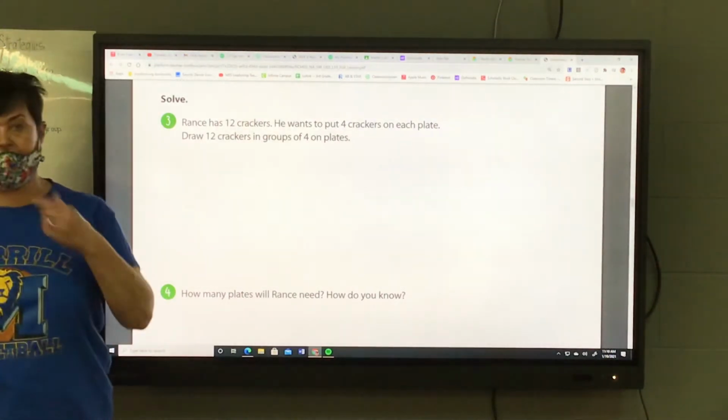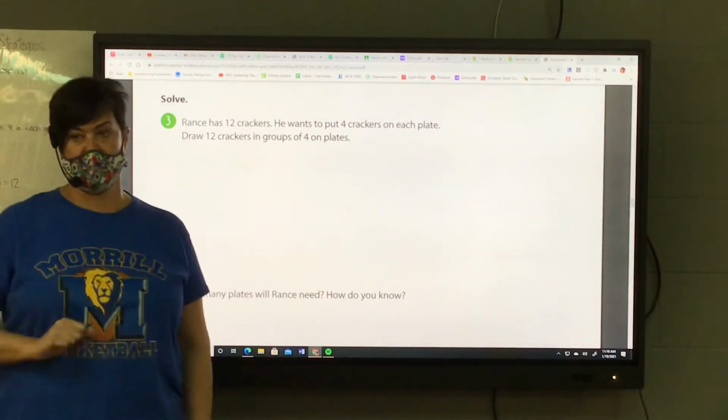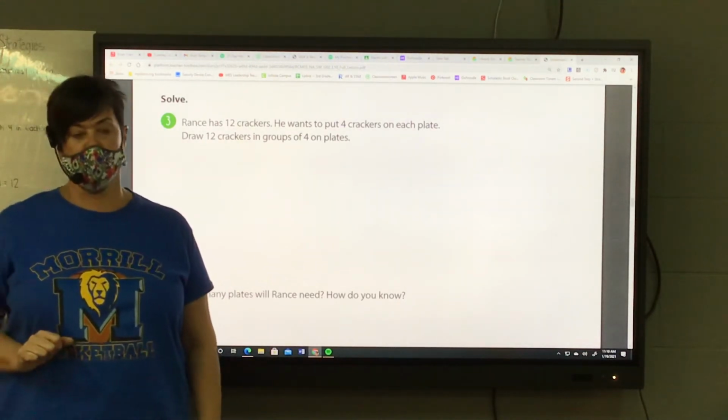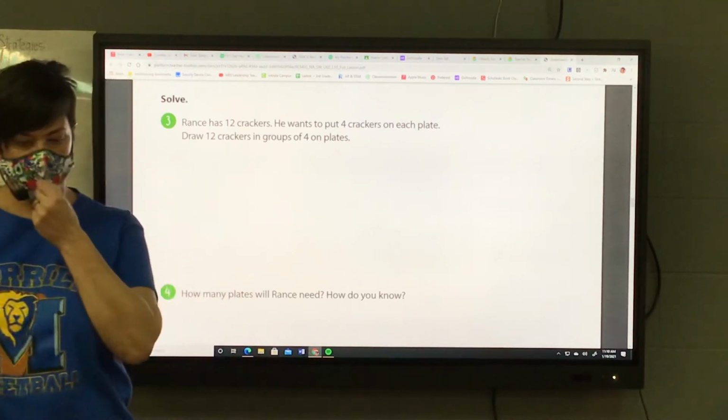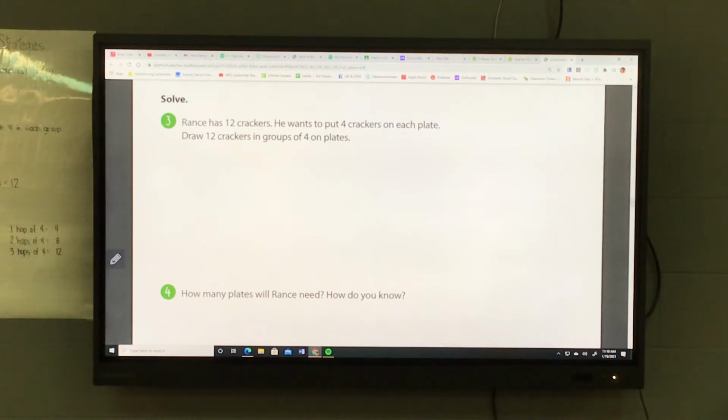Draw 12 crackers in groups of 4 on plates. Go ahead and draw it right now. How many crackers go on each plate? 4. So you're figuring out how many equal groups to draw.